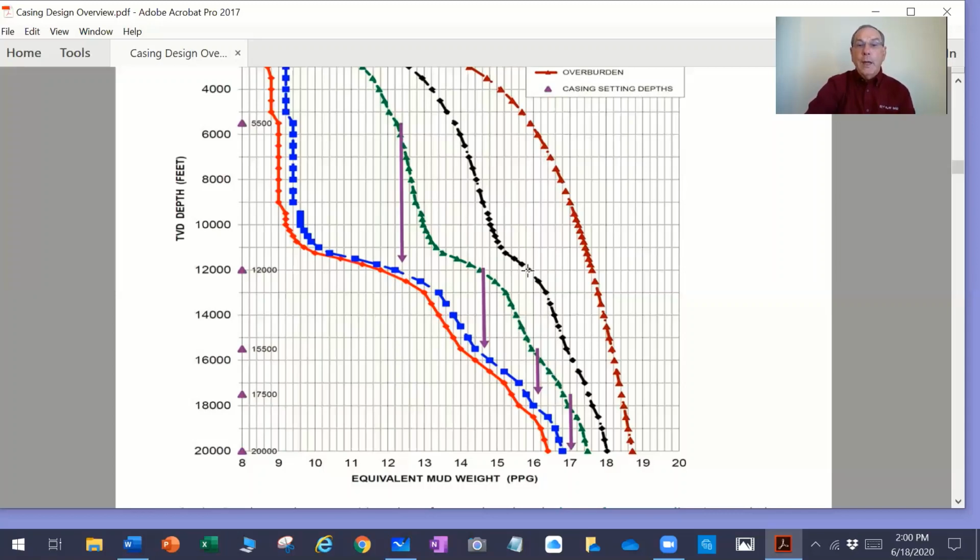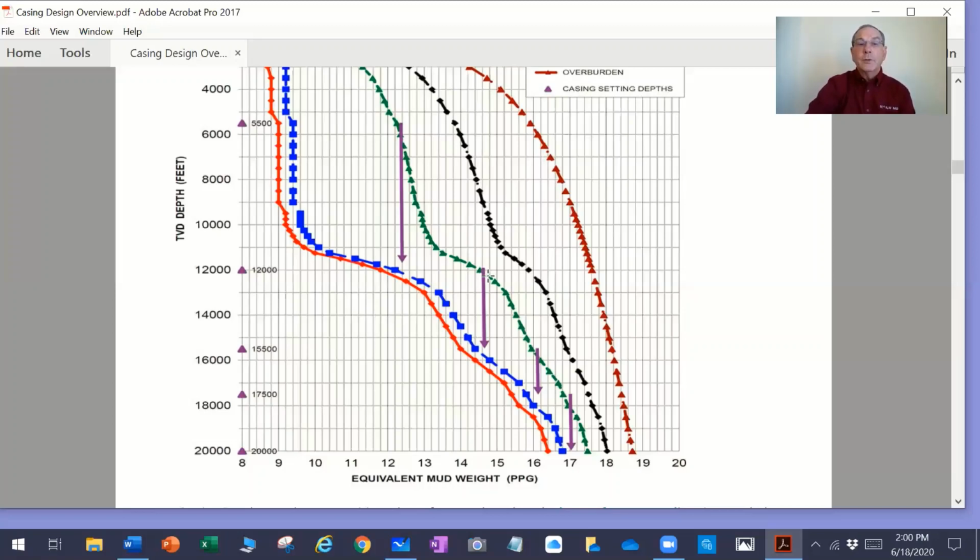I'll get a shoe test of 16 pounds per gallon, and I start drilling, but I can't drill any farther than my mud weight gets to the sand fracture gradient limit, based on where I have sands in that wellbore and what the pore pressures and sand fracture pressures are.